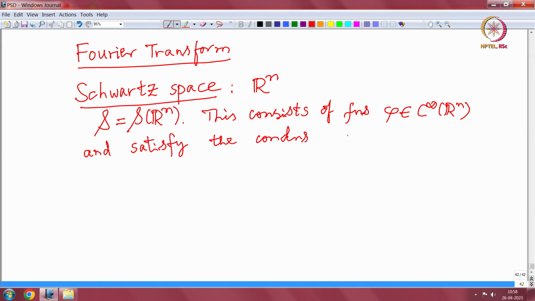So you take any polynomial, to start with a monomial x to the alpha, and then you take the differentiation of phi of order mod beta, and then you take the supremum over all x in Rn.